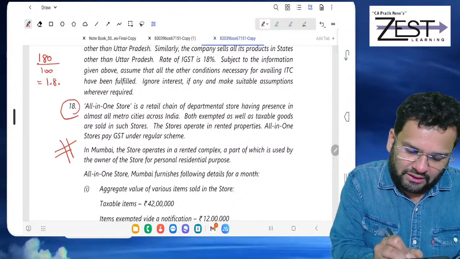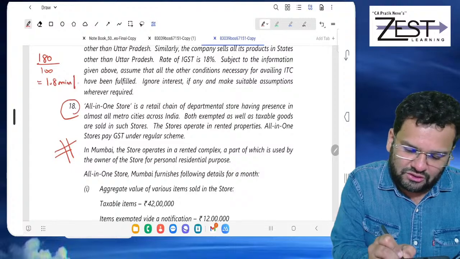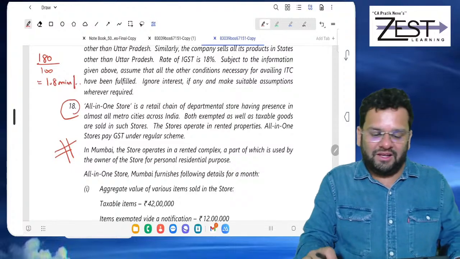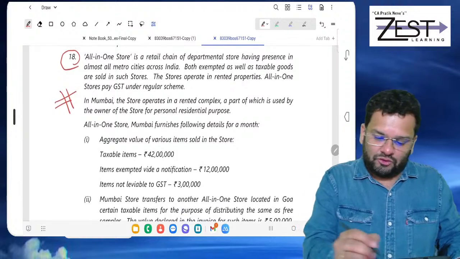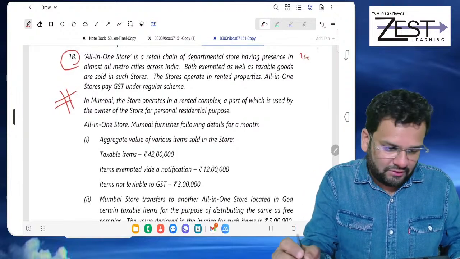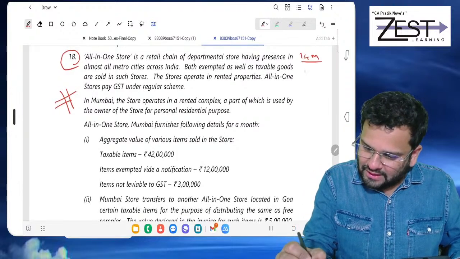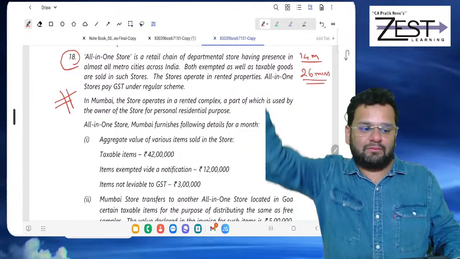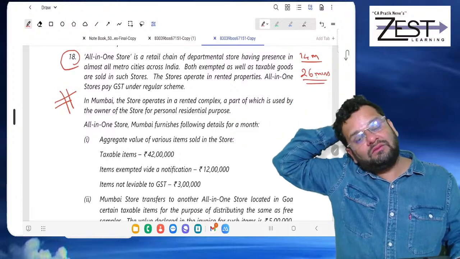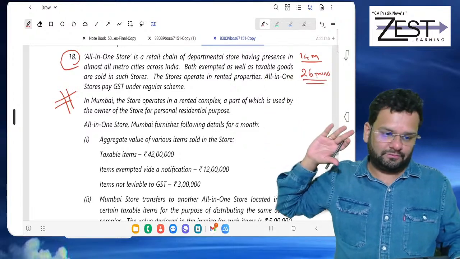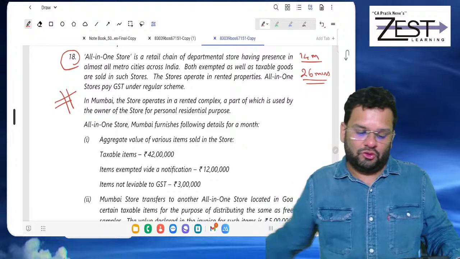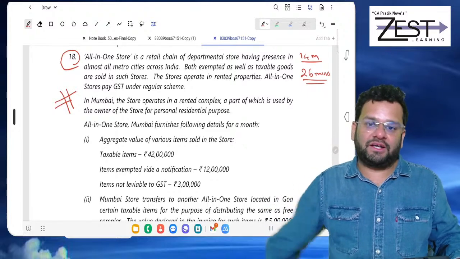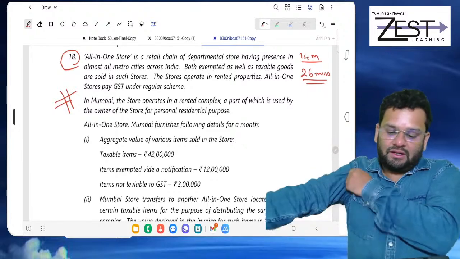So 1.8 minutes for each mark is the legal time that you get. So if it's a 14 marks question, you can get about 26 minutes. In class today, with explanation, we can take 1 hour also. Okay, chalo. So don't get demotivated if it takes 1 hour. That is with understanding and with reading.